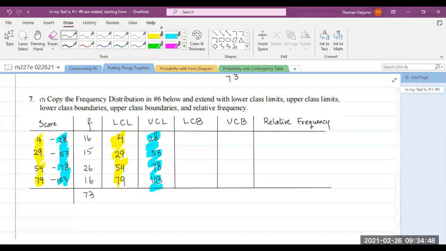The upper class boundary of the first class is the average of these two numbers. It's in between. That will be 28.5, right? 28 plus 29 divided by 2.